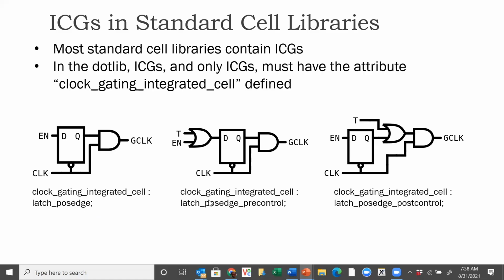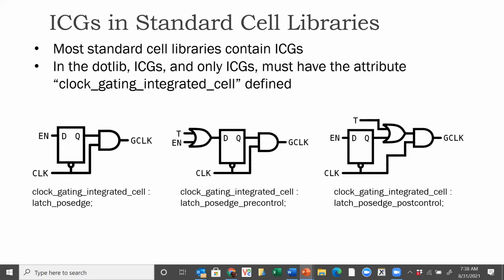And then you can have the latch_posedge_precontrol attribute value, when there's an OR gate at the input to the latch, or latch_posedge_postcontrol when the OR gate is at the output of the latch, between the latch and the AND gate. So you can tell from the .lib what type of ICG the cell is.